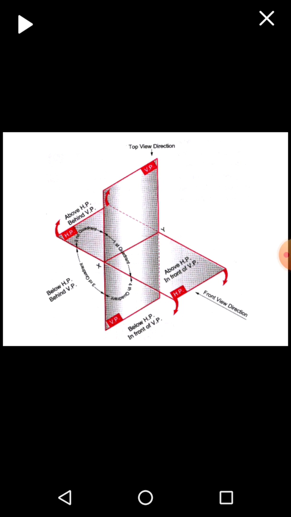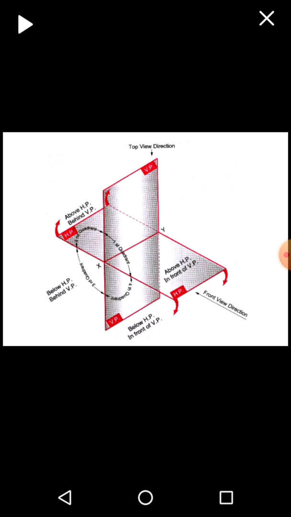Now we know that when the two principal planes cut each other, they form four quadrants, that is first quadrant, second quadrant, third quadrant, and fourth quadrant. The object can be placed in any of the first, second, third, or fourth quadrants. If the object is placed in the first quadrant and we take the projection, we call it the first angle projection method.